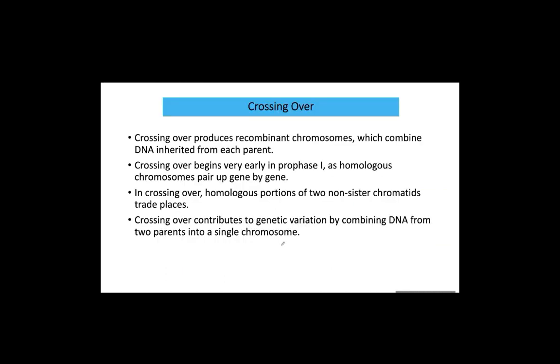Also, in addition to independent assortment, crossing over occurs. This crossing over produces recombinant chromosomes, which combine DNA inherited from each parent. So in crossing over, homologous portions of 2 non-sister chromatids trade with each other, okay? They trade chromosome segments. Therefore, crossing over contributes to genetic variation by combining DNA from 2 parents into a single chromosome.